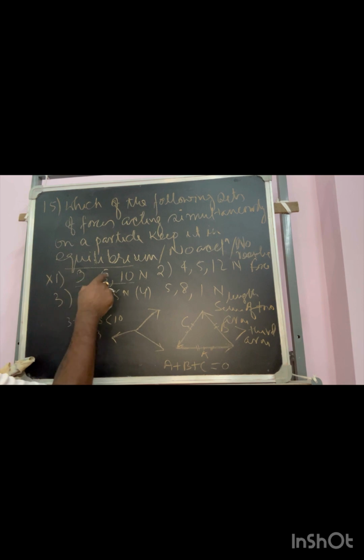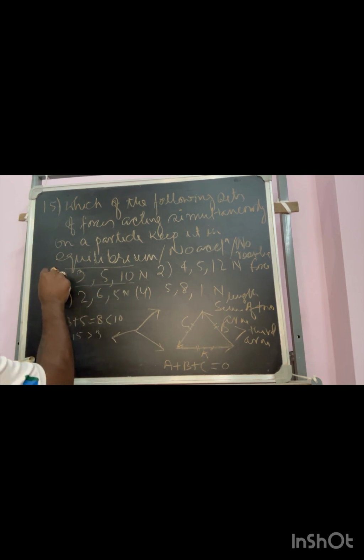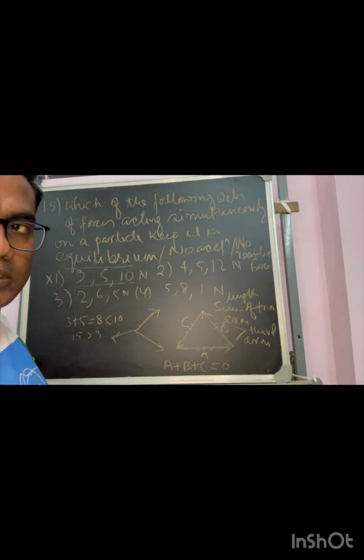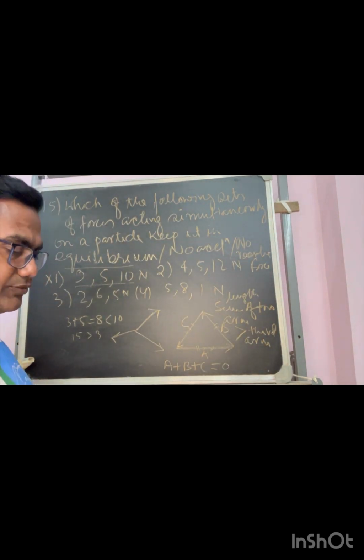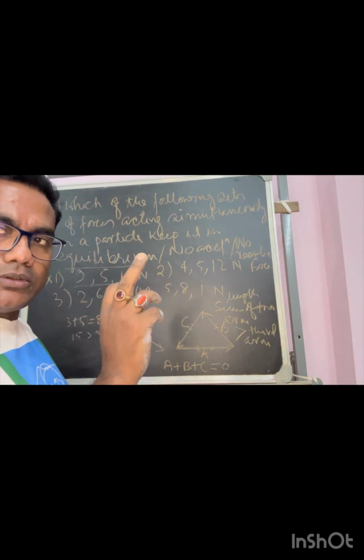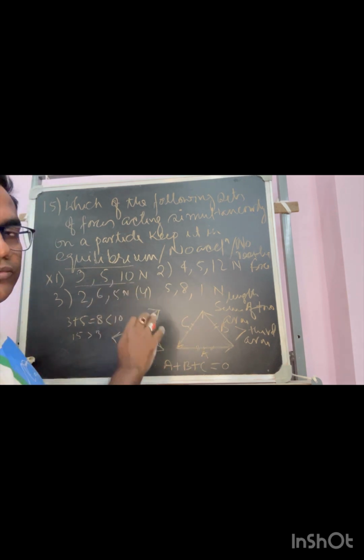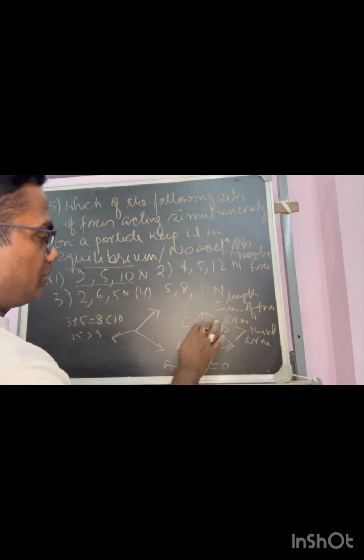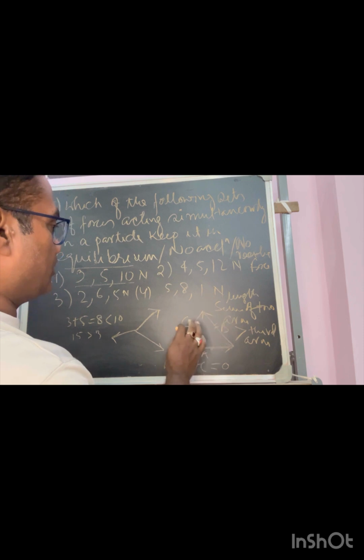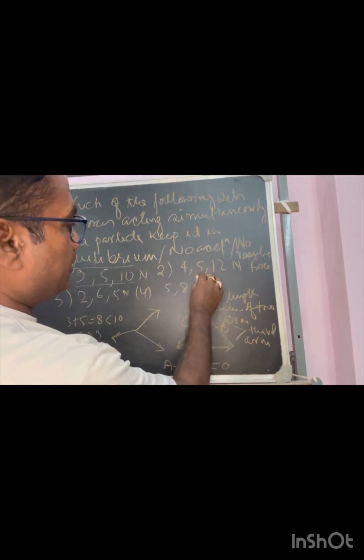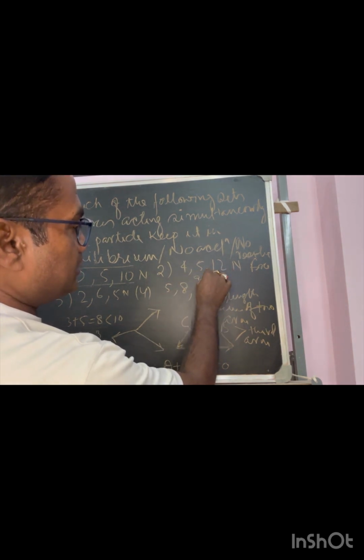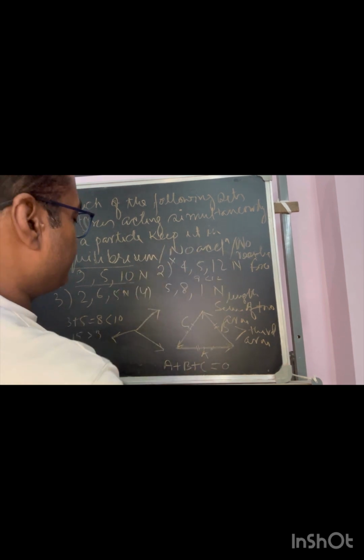It is okay, but one set is not following, so the whole set fails, because out of the three combinations, if even one fails, it will not follow the triangular law of vector addition. Here 9 is less than 12, so this also doesn't follow.